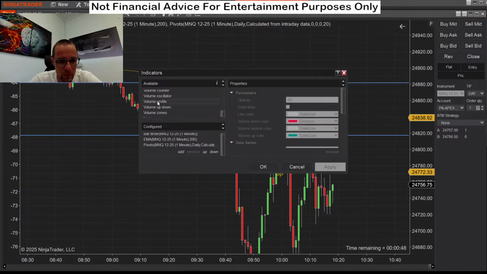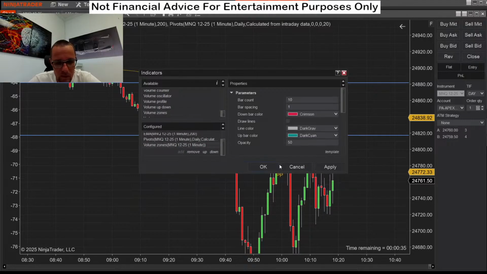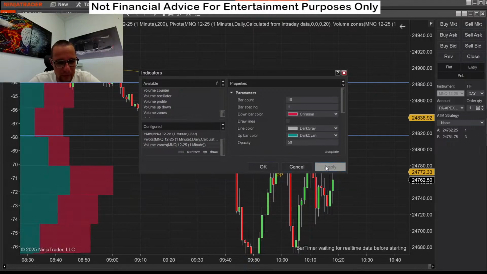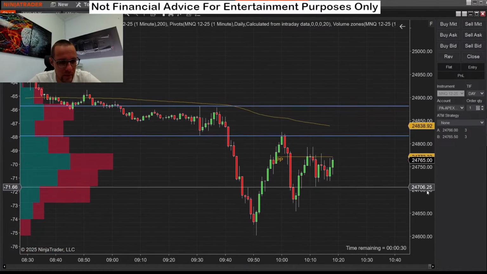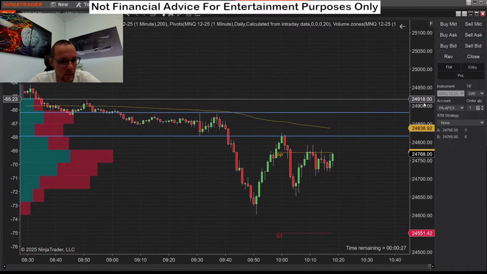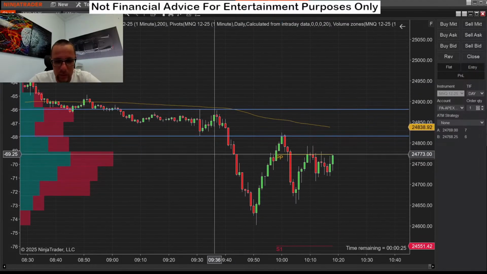What's better, volume profile or volume zones? Volume zones, I think. What the hell? Why doesn't it let me? All right, we got it. Let's see if it tells me something. Not really.